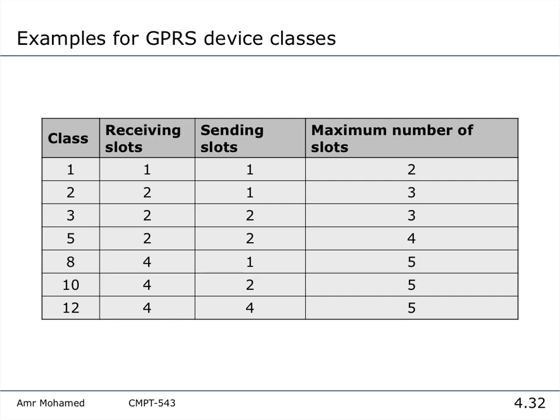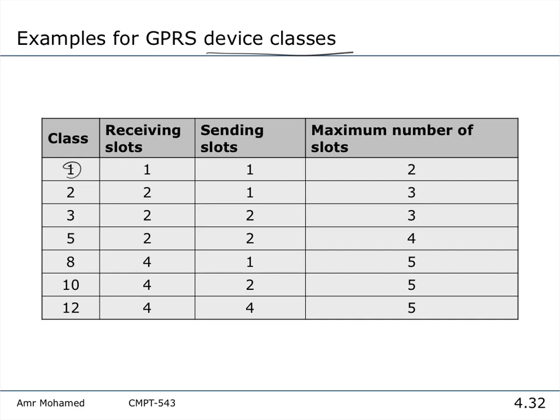In addition to these traffic classes, we defined the traffic classes based on the reliability and based on the delay. We also have classes based on the device classes, or the hardware limitation of the device itself, right? So the mobile stations are also categorized in terms of classes, and each of these classes refers to some limitations in the hardware.